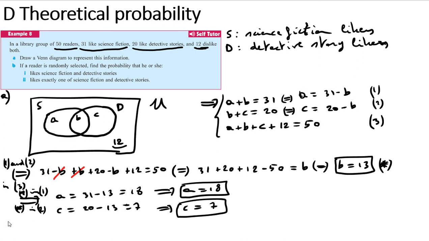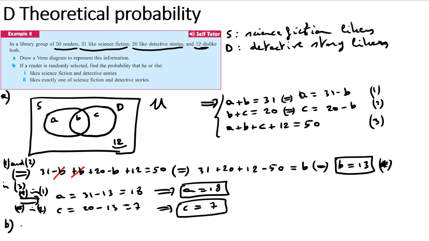And then if we go to part B, if a reader is randomly selected, we have to find the probability that he or she likes science fiction and detective stories. So the reader must like both of them, which is category B here.